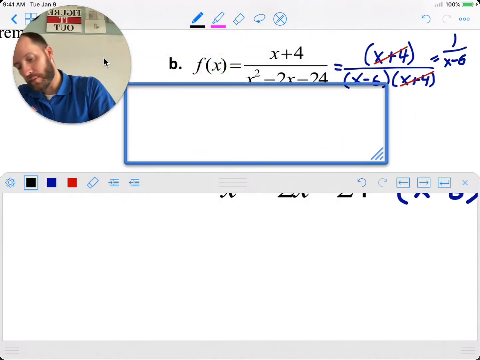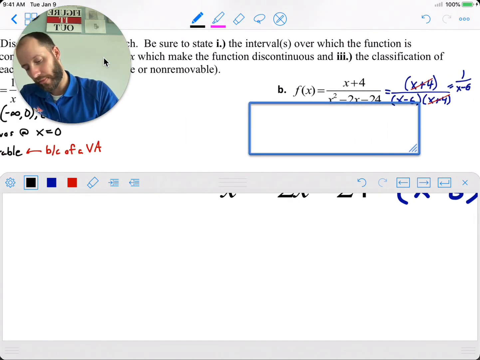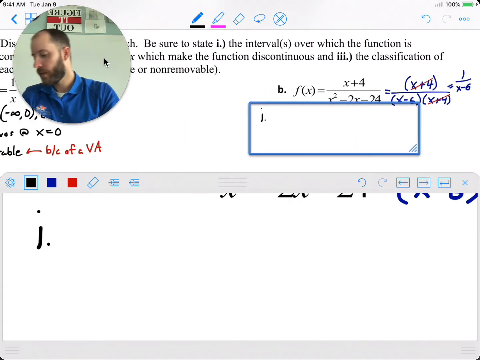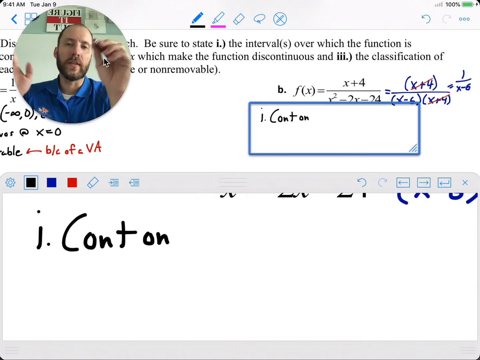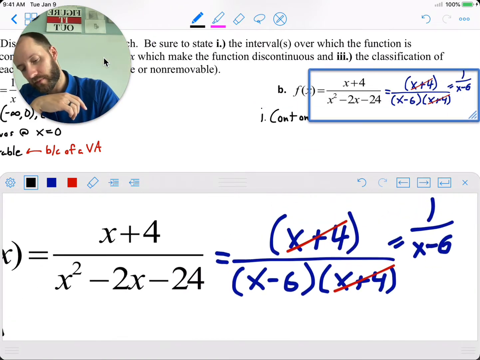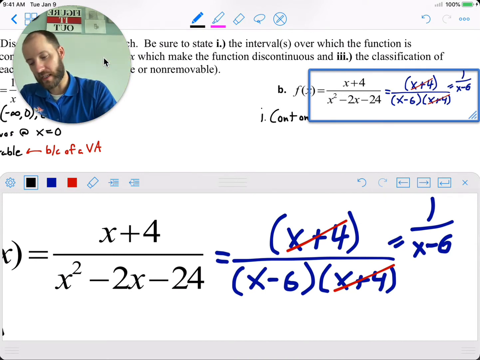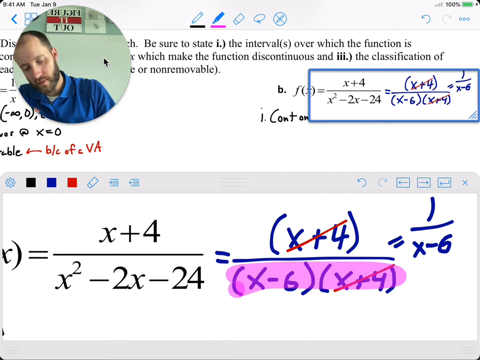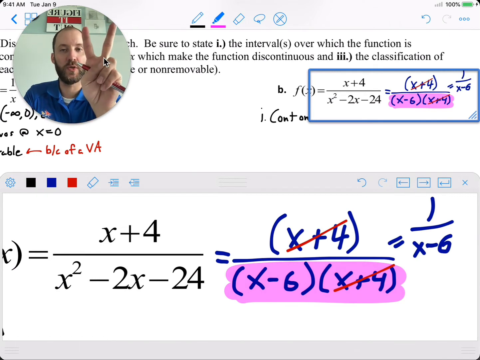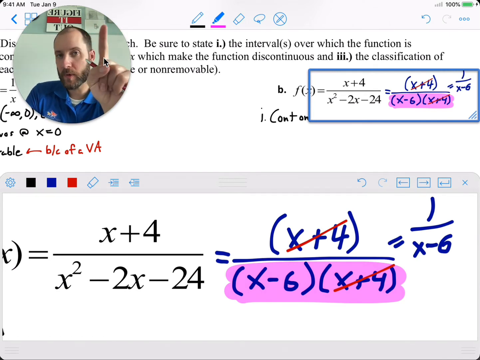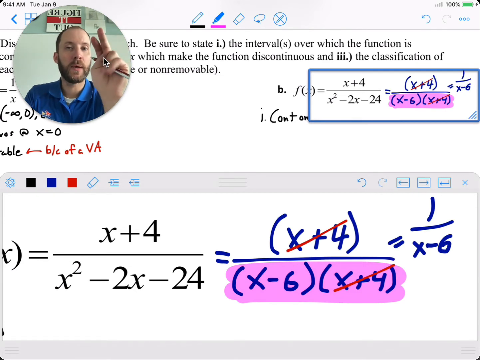So our 3 steps. Step 1, it's continuous. Now, this is kind of tricky, okay? If you look at the factors in the denominator specifically, x equals 6 and x equals -4 are two discontinuities. Now, one is removable, the other is not, but they're both still discontinuities.